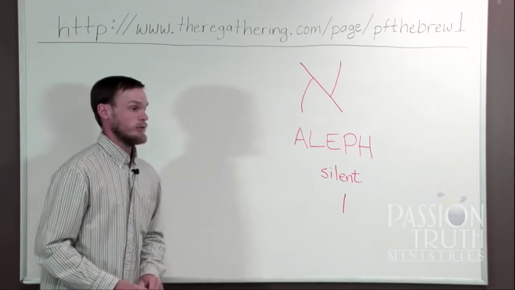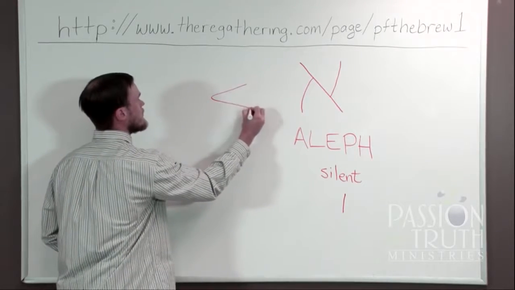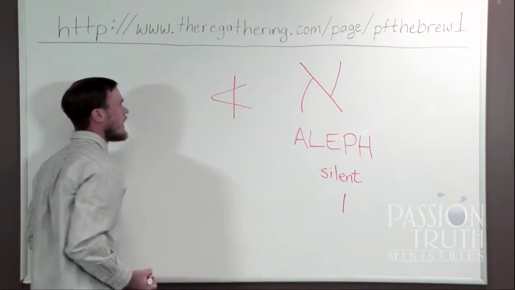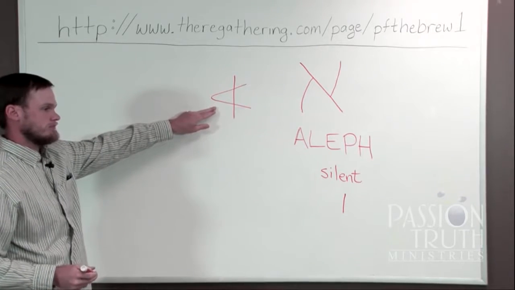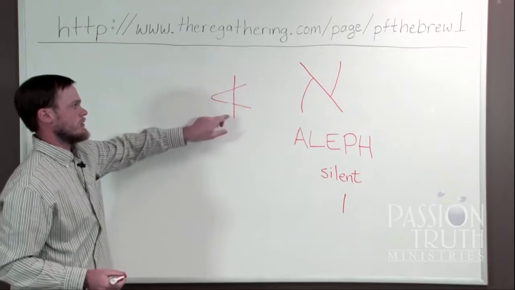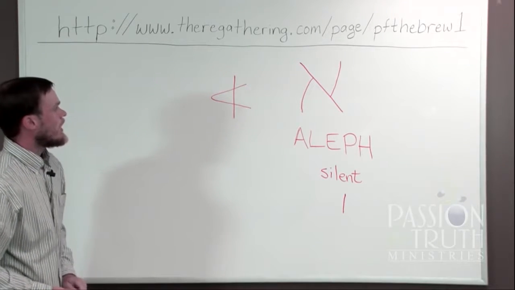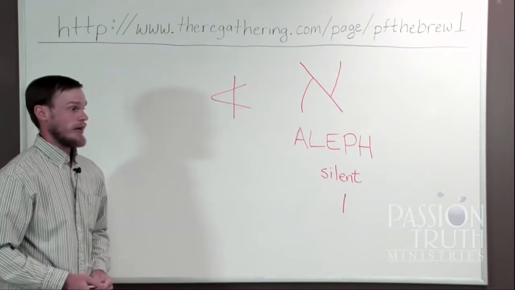In Paleo-Hebrew, aleph looks something like this. And this is depicting the head of an ox. It's sideways. You can see the mouth down here, the horns here, and the ears over here. It represents strength or a leader.